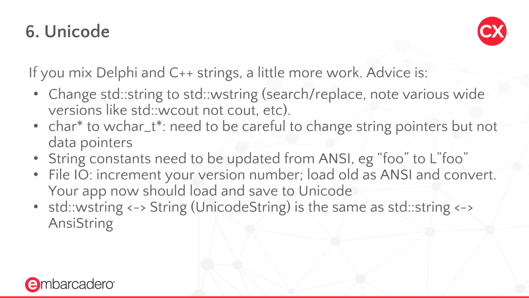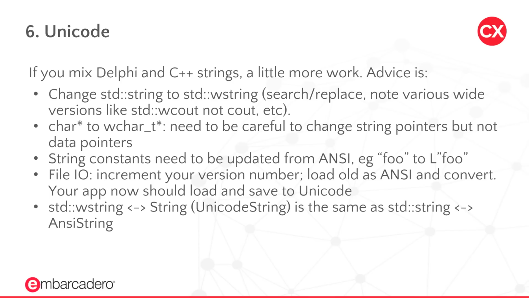You can do that via search and replace, and note there are a few other things that you'll need to replace at the same time, such as using std::wcout, not cout, or things like that. Now that's generally straightforward. It depends on the size of your code base, and there might be a lot of search and replace here, but that is straightforward.